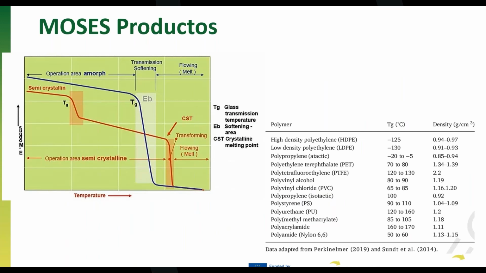This is a visual thing all of us can do at home: take some polypropylene, put it in the freezer, and observe how the material visibly changes its properties.